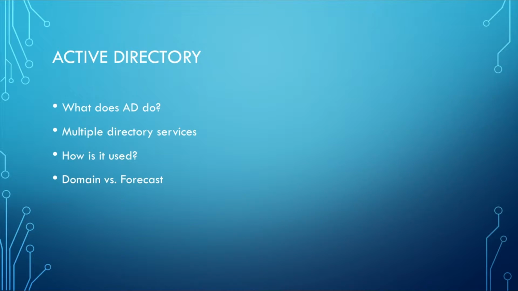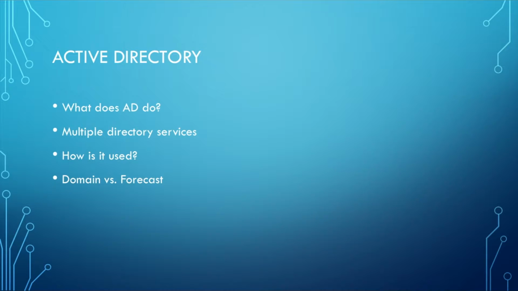Active Directory domain services is the cornerstone of every Windows domain network. It stores information about members of the domain, including devices and users, and then it verifies their credentials.